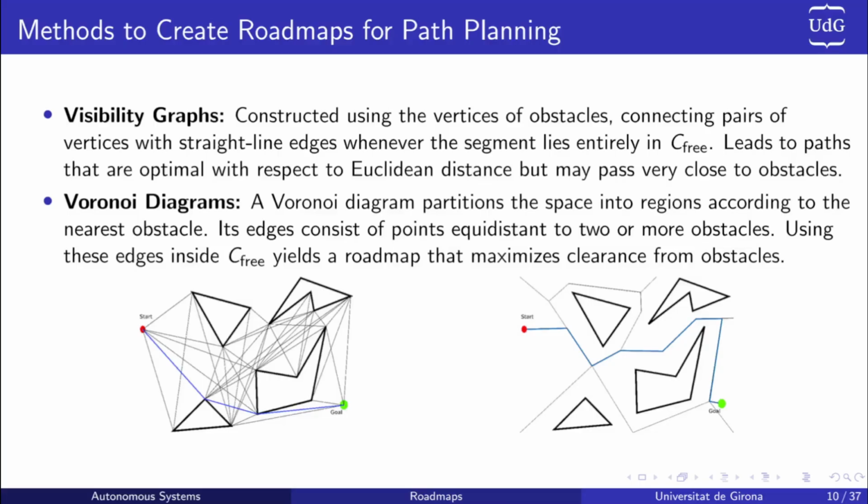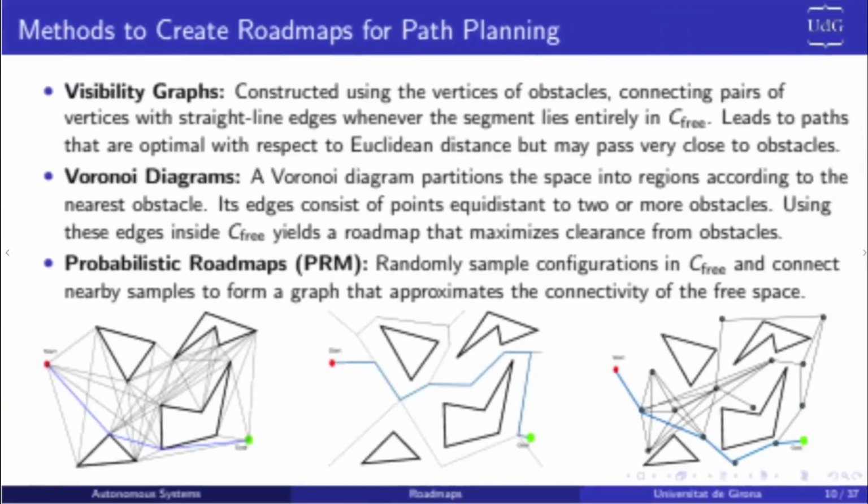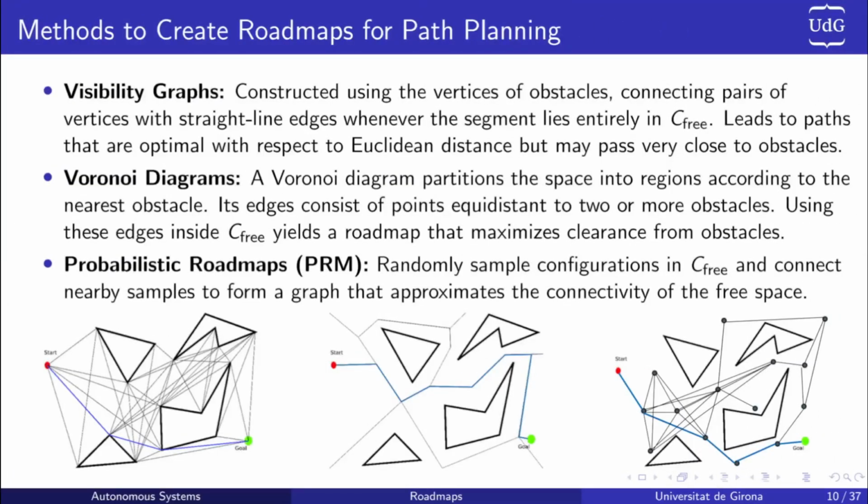So they ensure clearance. I don't know if you know this word. Clearance means that we move very far from any possible collision. For some applications they are very useful because of that, because they give us the safest path, even though the path is not the best one. It's not optimal, at least using Euclidean distance.